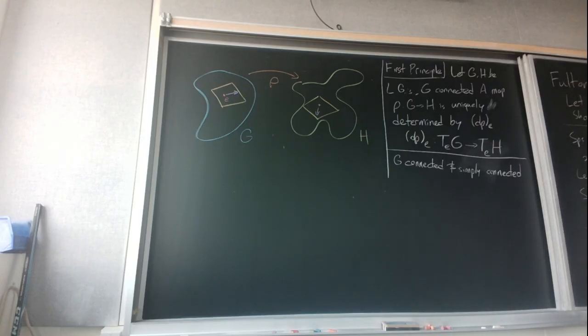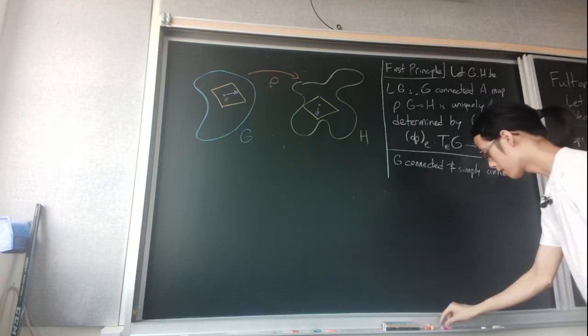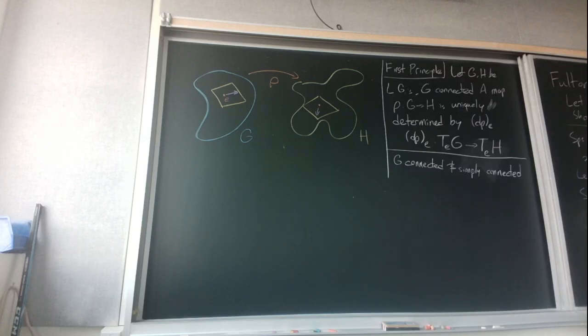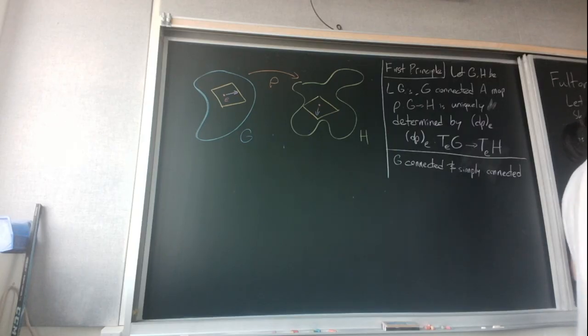If I have this donut shape, and I've got this red loop running through the middle of it, I can't shrink this down to a point, right? It'll get caught around the hole in the middle. So the donut is not simply connected. A circle is also not simply connected, because if you draw a circle on the circle, it's still a circle. You can't get to a point.